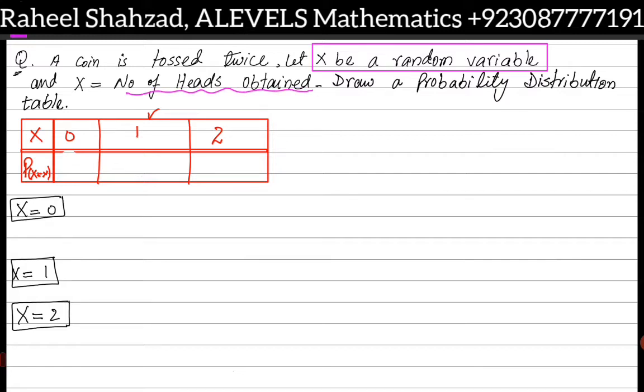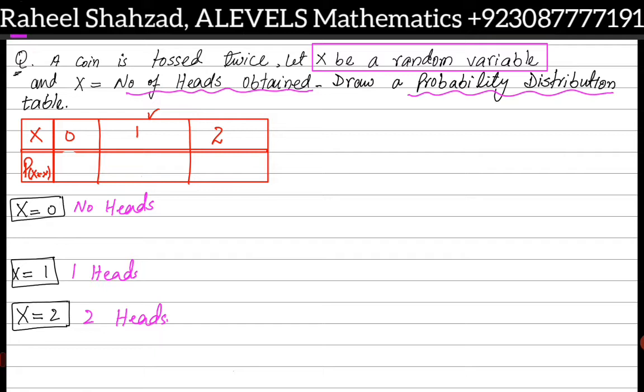Draw the probability distribution table. So x is equal to 0, x is equal to 1 and x is equal to 2. What do we mean by this? x is equal to 0 means we get no heads. x is equal to 1 means we get 1 head. x is equal to 2 means we get 2 heads, right?